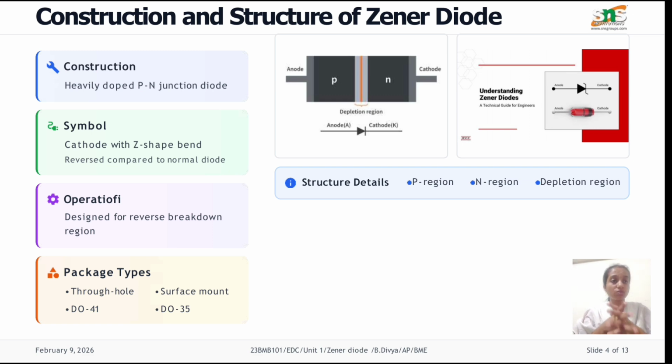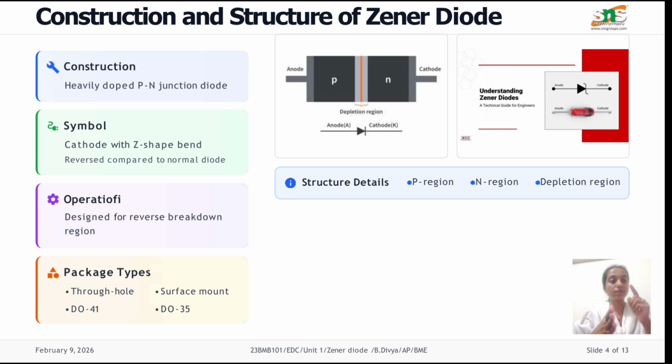How about the packaging types, how will the Zener diode be packed? Through holes, surface mounted, DO41 and DO35.